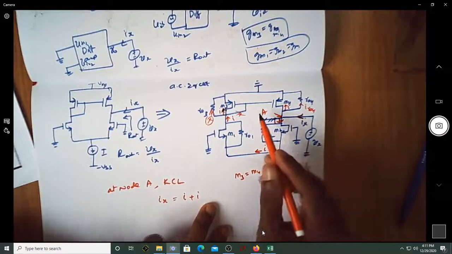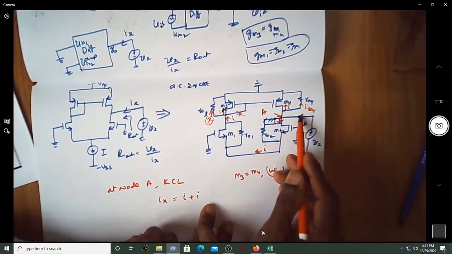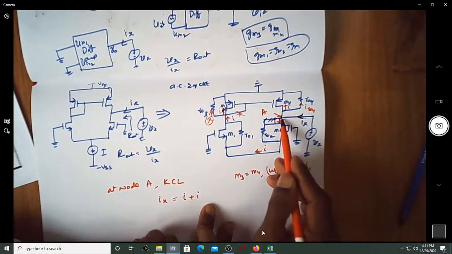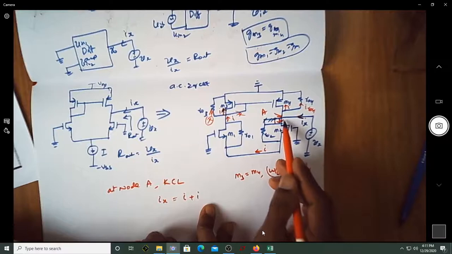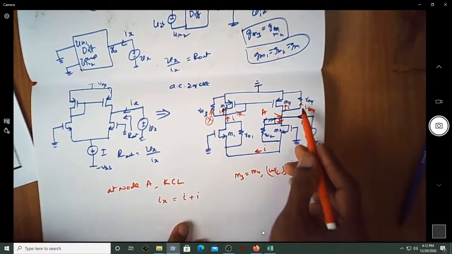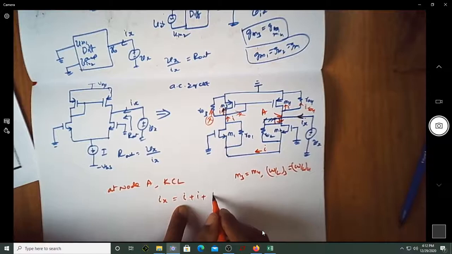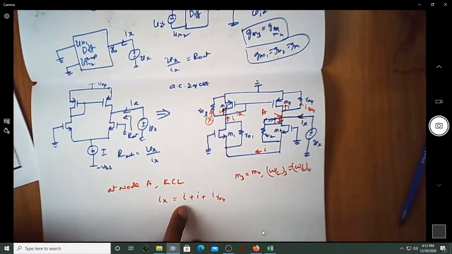So upon knowing the currents at node A: Ix is the current that is entering, and there is one current which is leaving this node downwards, and one current which is going up, which is I. There is one more current going again in the up direction, towards the ground, which is given by IR04.